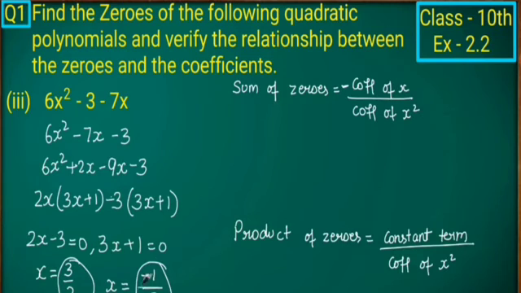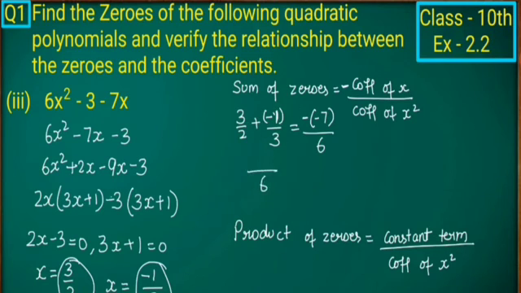Now we have to verify the relation with these two values. So we get two values of x, and with the help of the sum of zeros expression we have to verify it. So the two values are 3 upon 2, and we have to add minus 1 upon 3, and the coefficient of x is again minus, so we put it in brackets, upon 6. The coefficient of x square is 6.